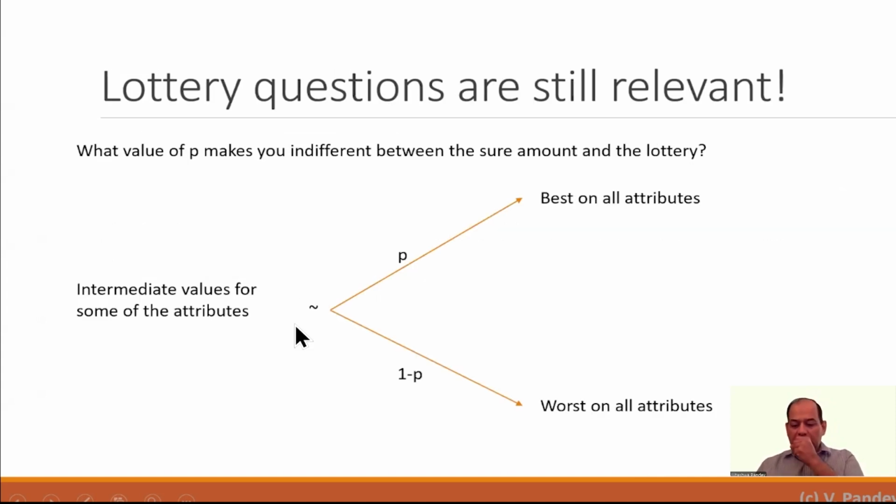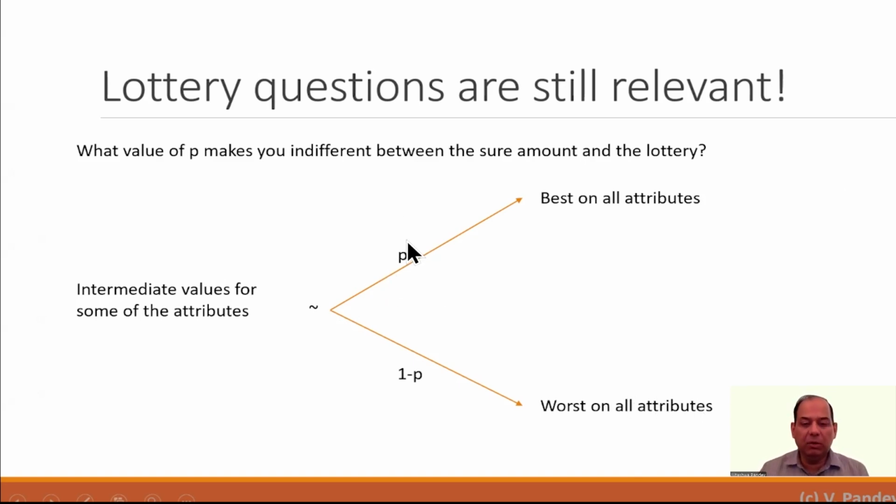So another good news is that the value of lottery questions is still there. Okay, so for single attribute cases, when we had intermediate options on the left-hand side, and best on the top here, worst in here, and then we ask the decision maker to provide the value of P here.